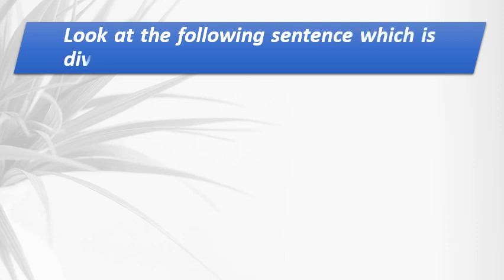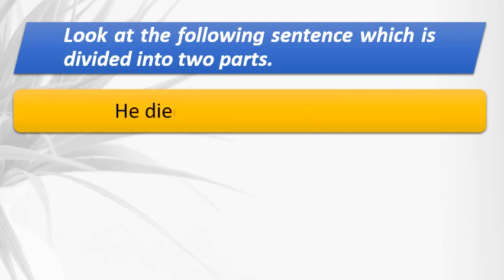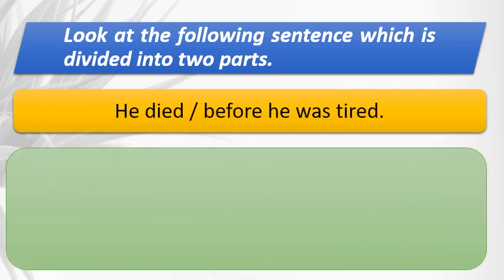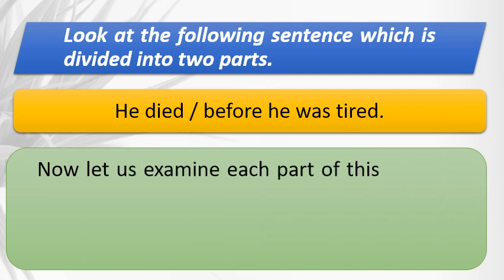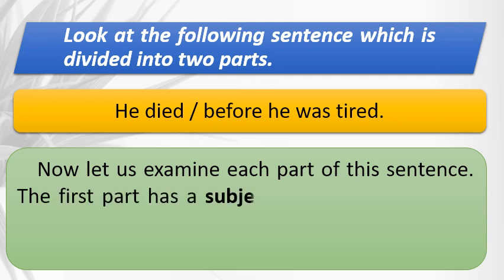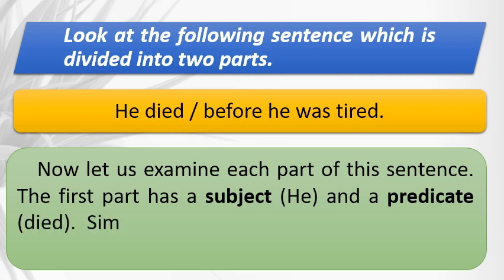Let's see an example to clarify it. Look at the following sentence, which is divided into two parts. He died before he was tired. Now, let us examine each part of the sentence. The first part has a subject, that is he, and a predicate, that is died, or you can say a verb, that is died.